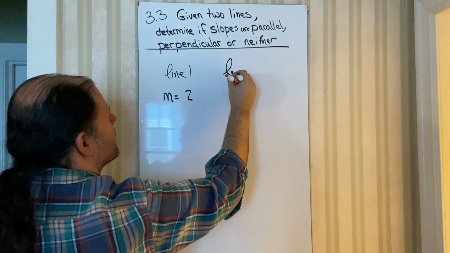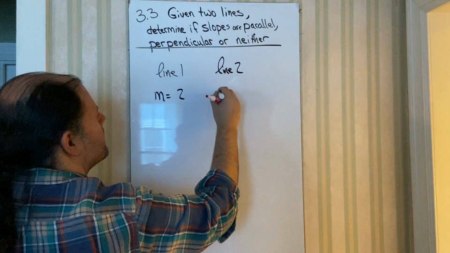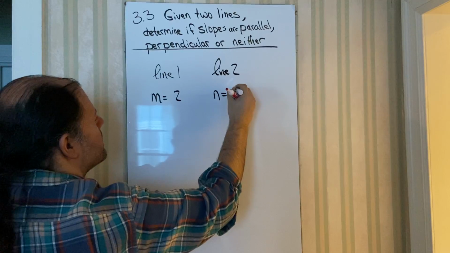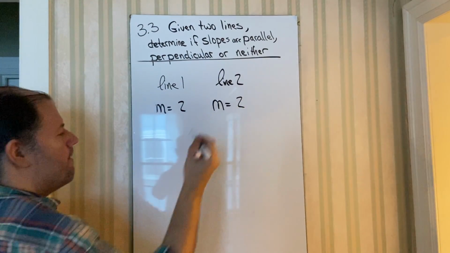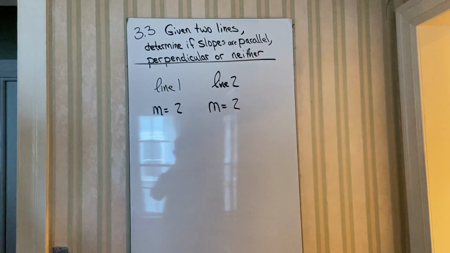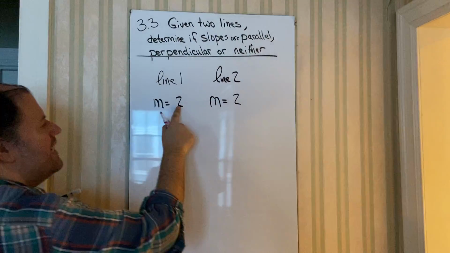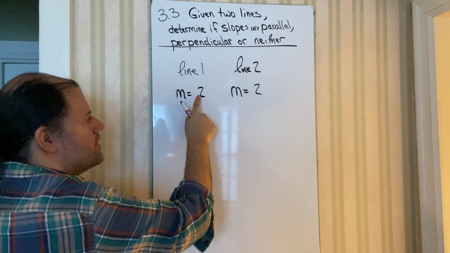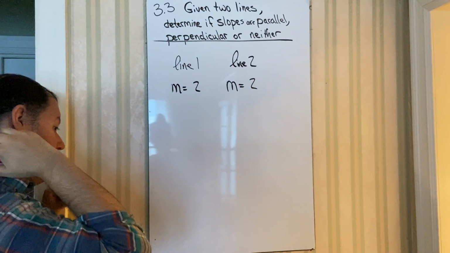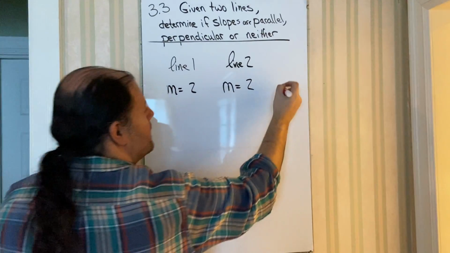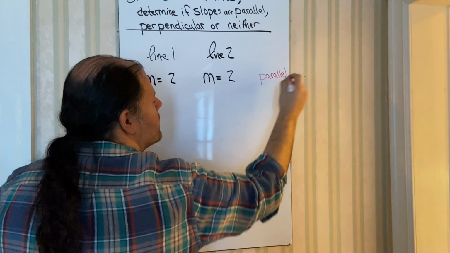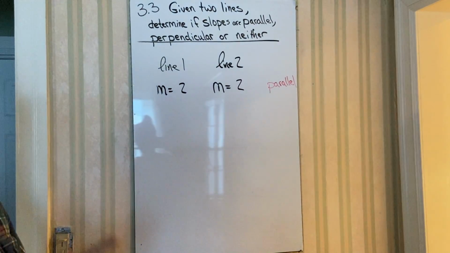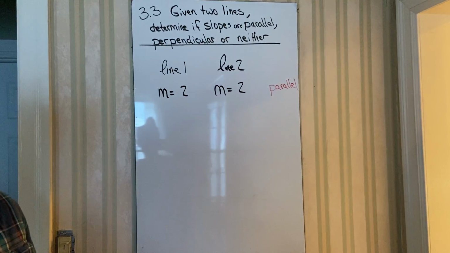And let's say for line 2, the slope is 2. Notice these are the same slopes. So once you see that you have two slopes that are the same, identical, we can tell that this is parallel, because we told you that if they're the same, both signs and numbers, they're parallel.